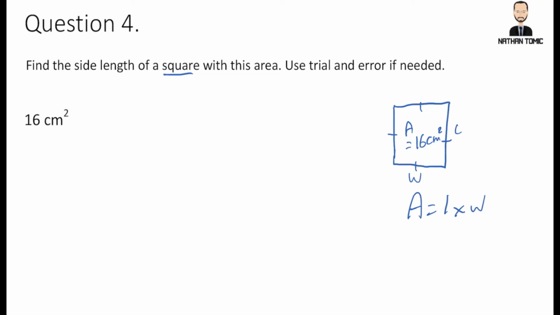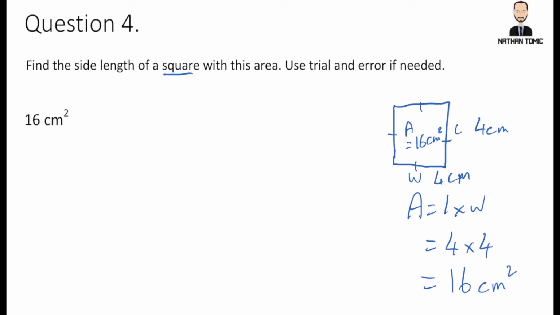In this case, if I say that each of those are 4 centimetres, then my formula for area becomes 4 times 4, which of course is 16, remembering centimetres and squared. So what I found is the length or width that I need, the side measurement, is 4.